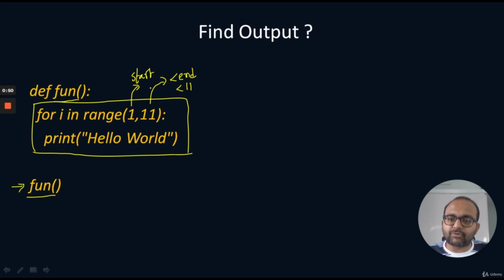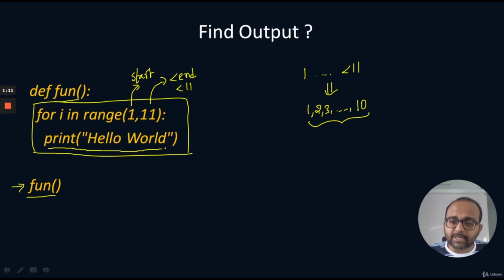Okay, the number of iterations that it is going to take is starting from 1 and so on up to less than 11. It means the number of iterations are 1, 2, 3 and so on up to 10 iterations. It is going to execute this particular print statement, and in this print statement hello world is written.